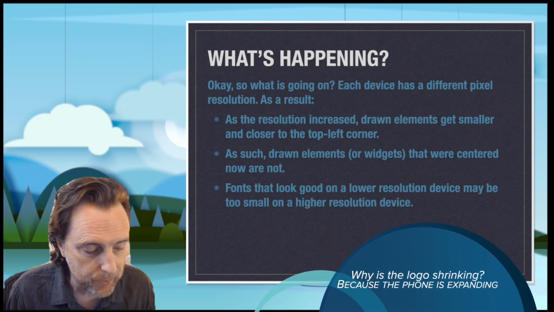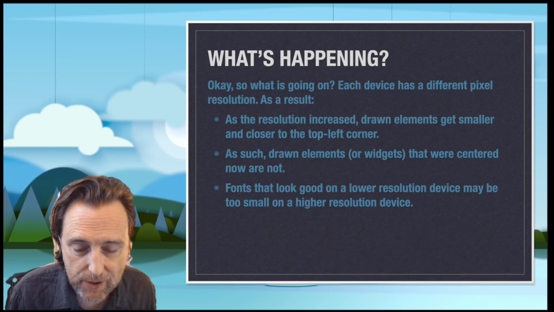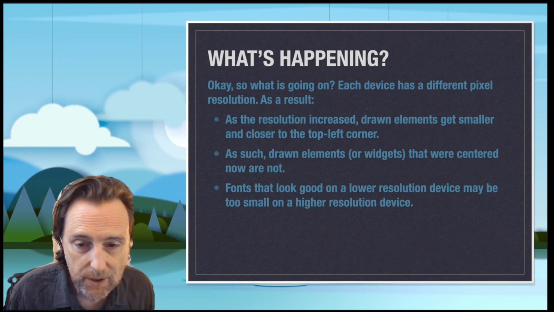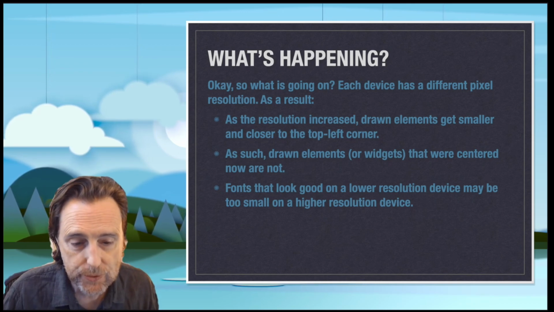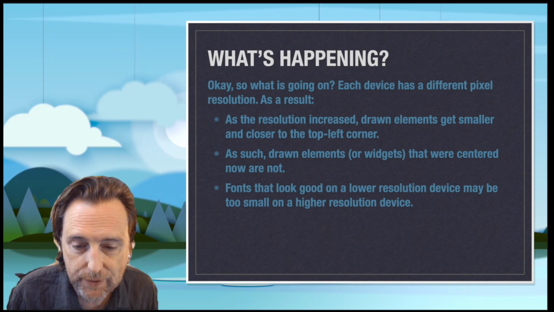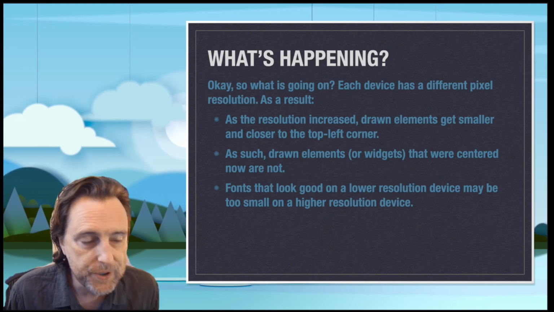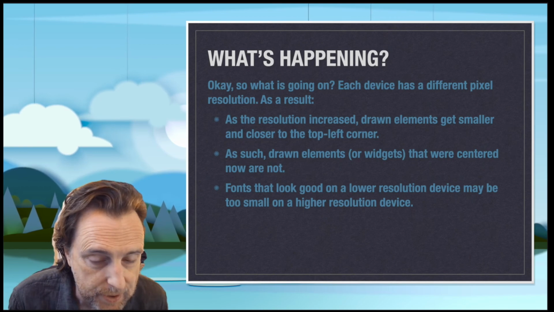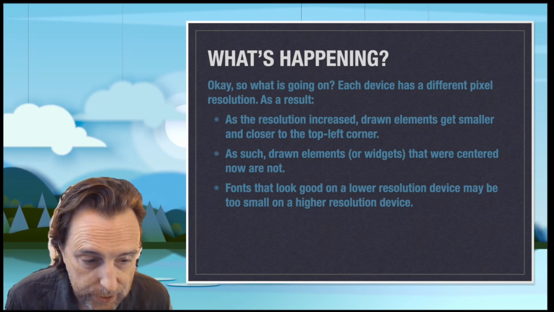One way to deal with it would be to simply scale your apps up and down. So instead of using literal pixel values to locate stuff, you'd create variables and scale those based on the device that you're running on. So you need to detect the device that you're running on, what its pixel resolution was, what its width and height were in pixels. It's totally doable.